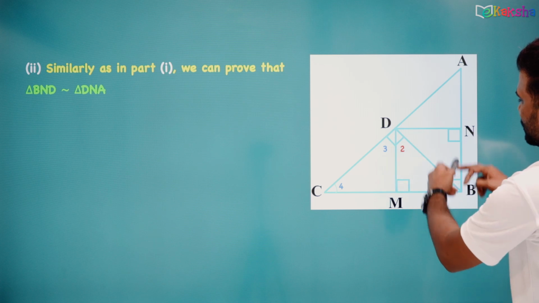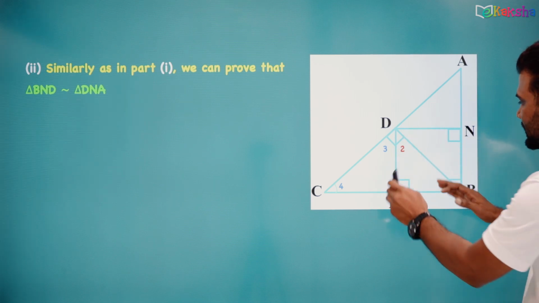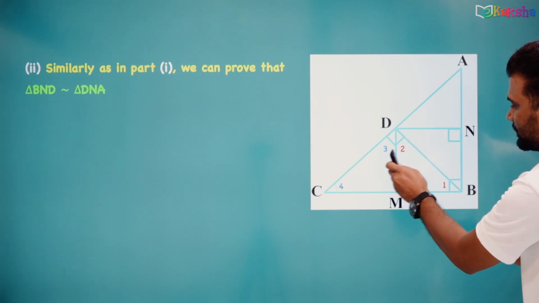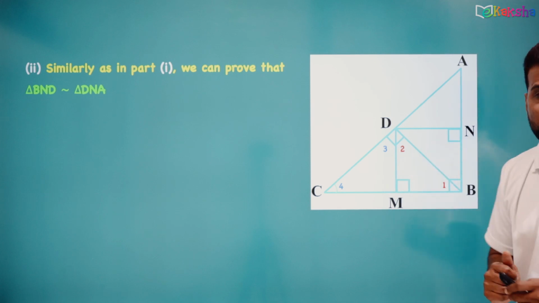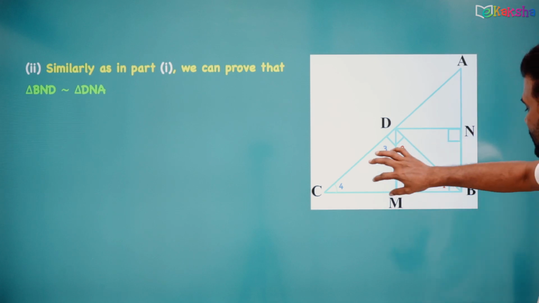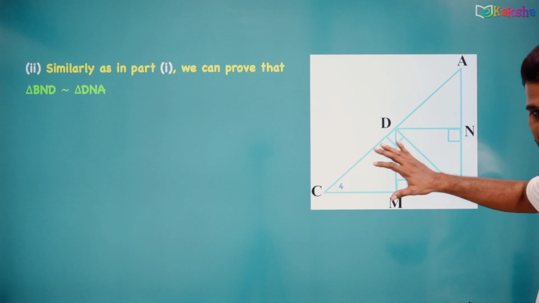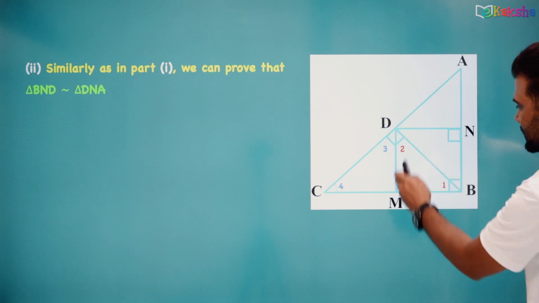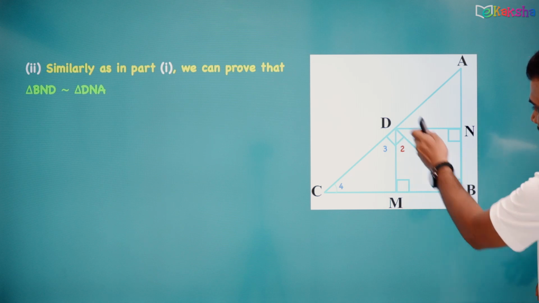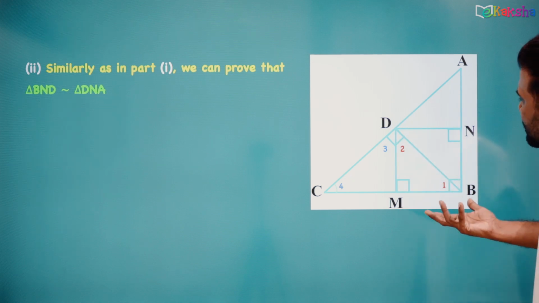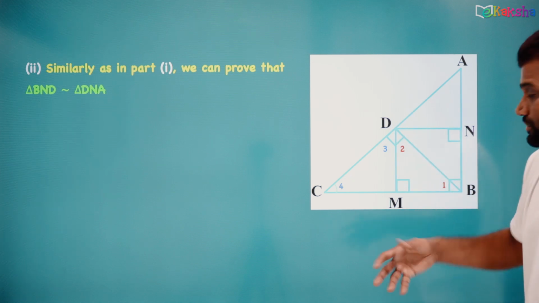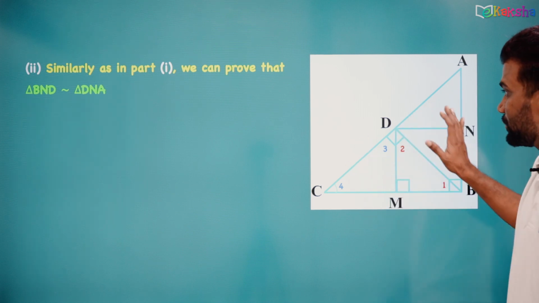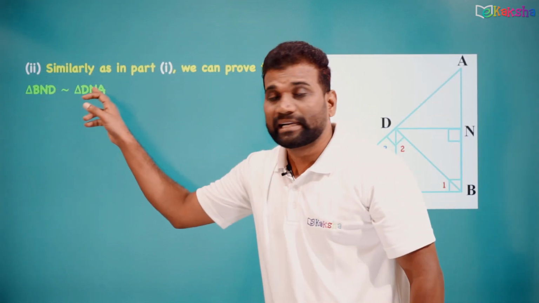So, using all the things, we have proved these two similar. What you can visualize here is the same thing: this is perpendicular, this is perpendicular, this is again perpendicular, and that's it. The rest of the information is the same, so we can prove these two triangles are similar.